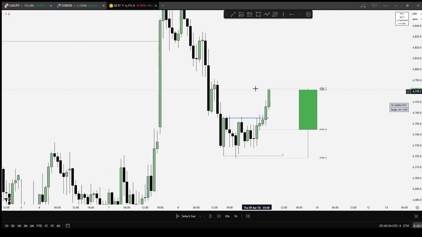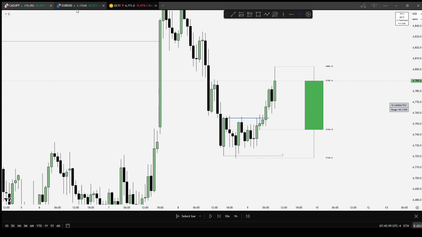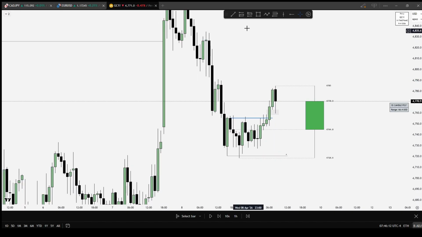Just enter anywhere you see, no. We want to wait for the same things. We wait for the same things on the Euro USD and the Canadian dollar. And here you can see the price is coming into the fair value gap, then respecting. Then the next candle you want to expect this bullish candle. Sorry, I replaced too much.